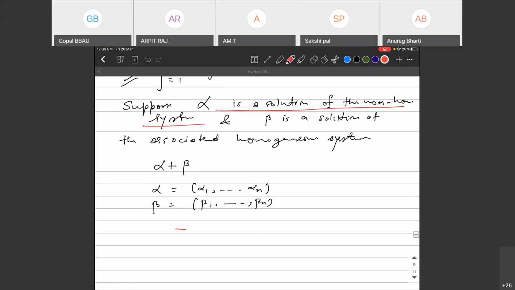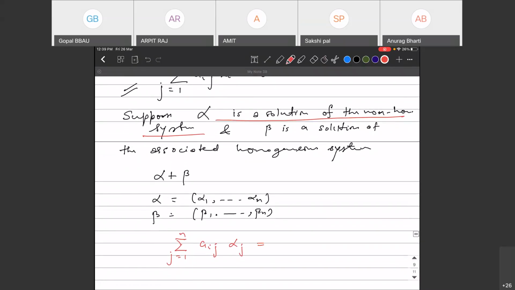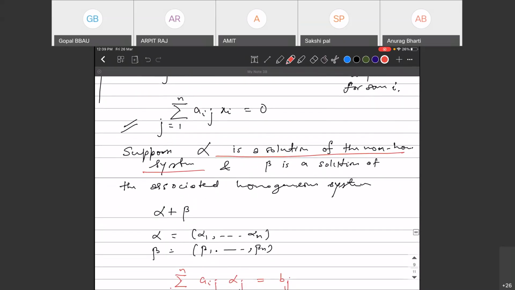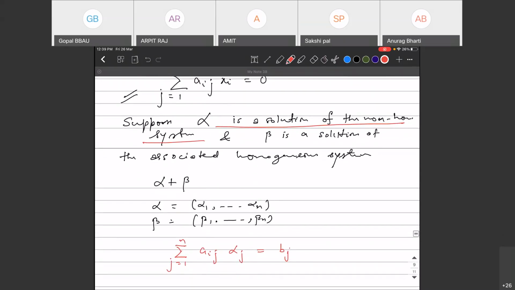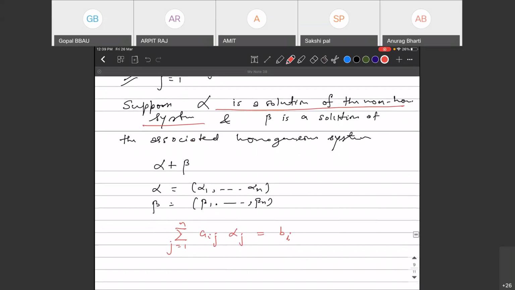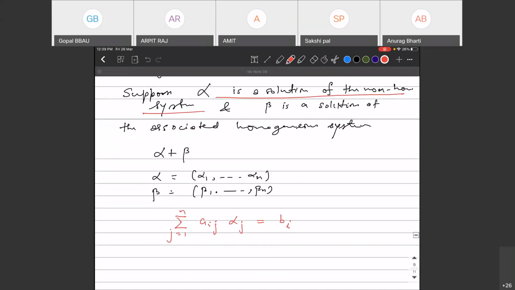So this means summation j 1 to n aij, if I replace xj by alpha j, I will get beta i. Sorry, not beta j, beta i. Correct?